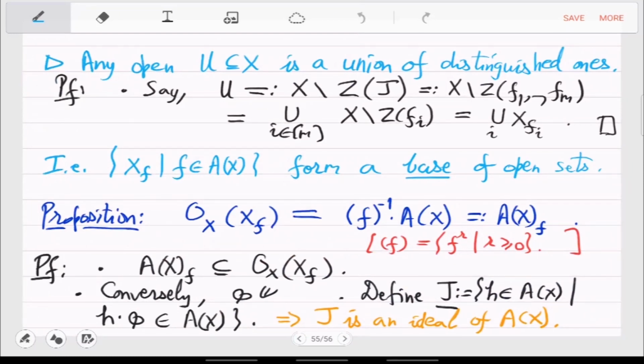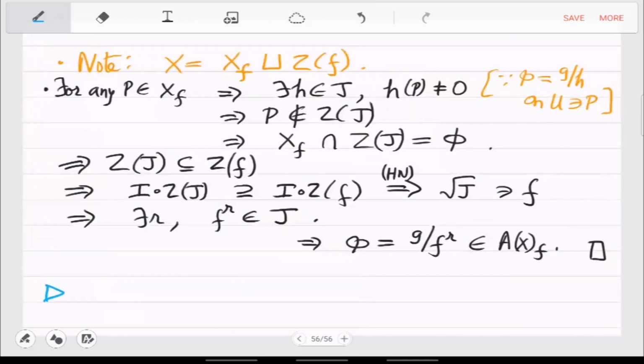OX of XF is just localization by the powers of f, and OX of X is just A of X, and finally how it acts on a point, that also we understand. So, OX comma P is the localization of AX by MP. So that gives a complete understanding of the OX functor.